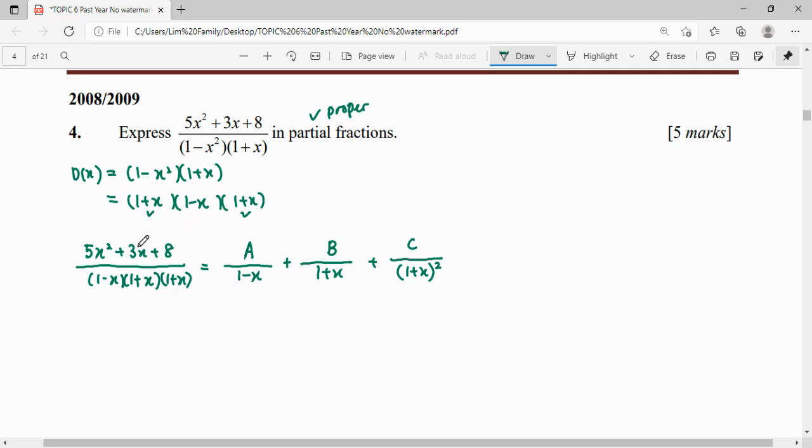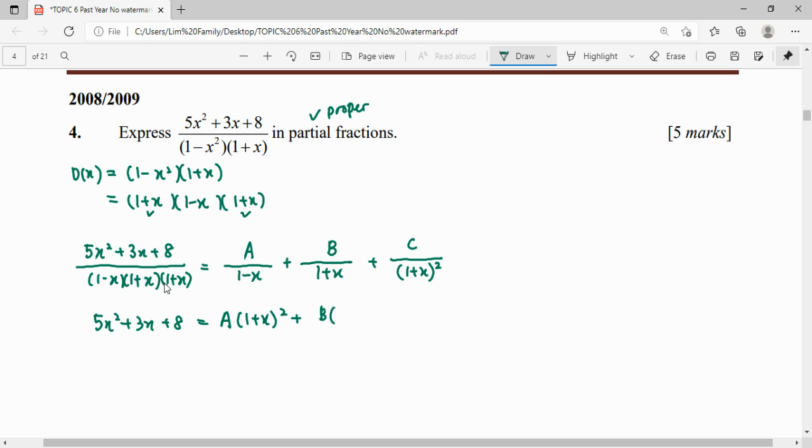Then we will start to build the equation according to our numerator. So our numerator 5x squared plus 3x plus 8 will be equal to A times the factors it doesn't have. The factor it has is 1 minus x, so it will times 1 plus x squared.